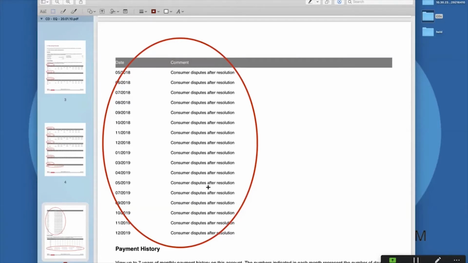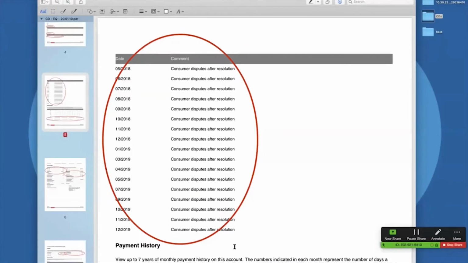Consumer disputes after resolution simply means that some activity has been done after they believe they've resolved it. It doesn't mean they won't continue to work on deleting your name variations, address variations, etc. Right? We want to make sure that that is not a thing, but that's one of the most powerful points that we need to cover is how to continue to work in removing especially erroneous identity information. That is a powerful play.